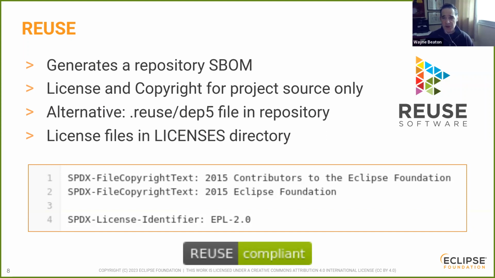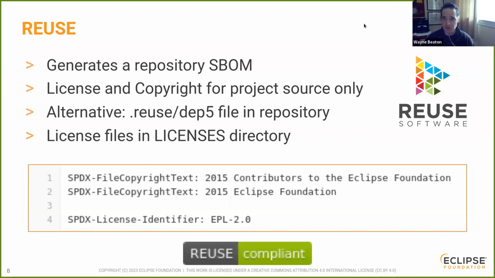Reuse is something that a handful of our projects have been experimenting with. One of the very cool things about this is it provides a means of specifying license and copyright information for the entirety of a repository. So very often we wind up with repositories that contain artifacts like JSON files or image files or other files for which providing license information directly in the file is difficult.